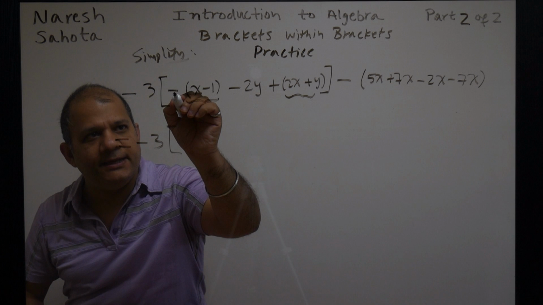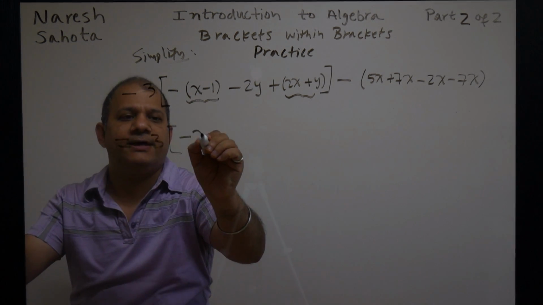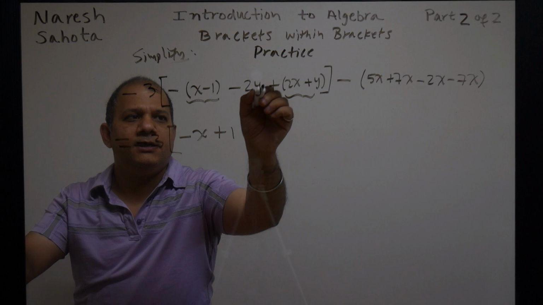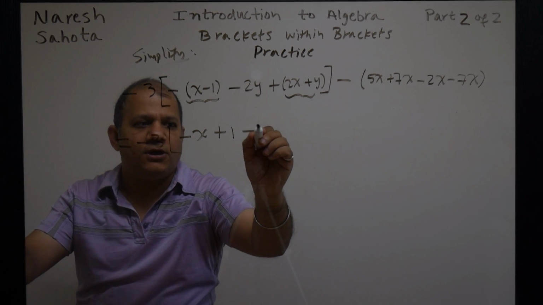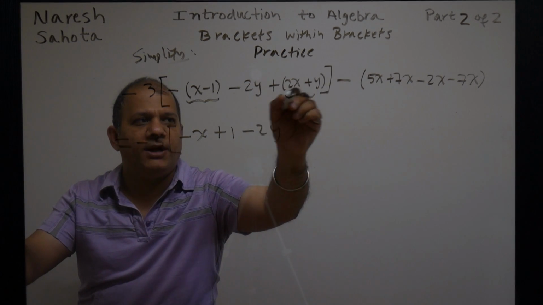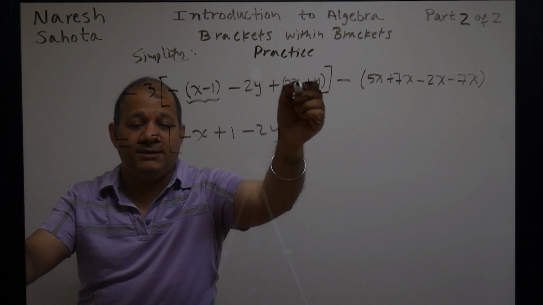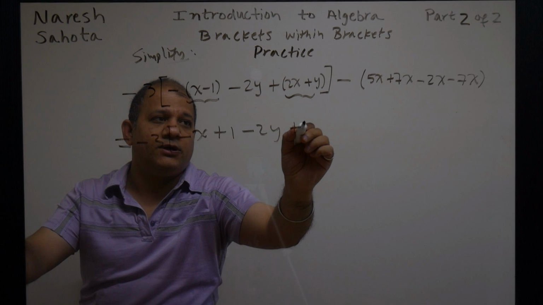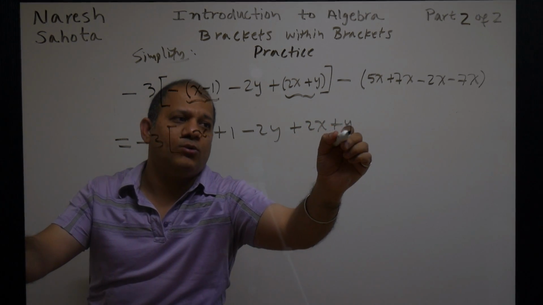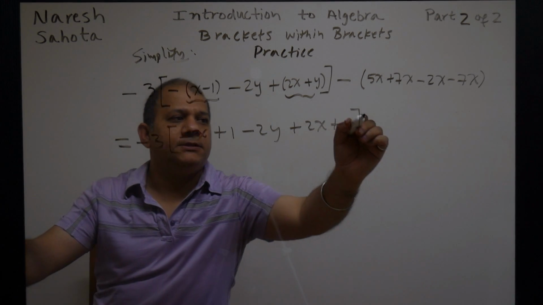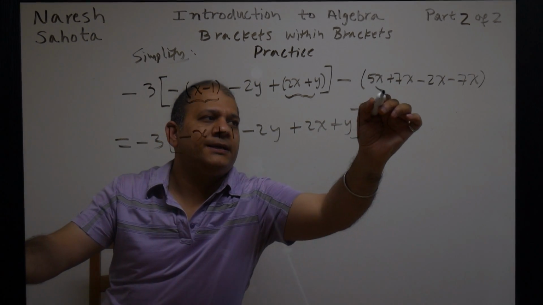Alright, so -1 times x is -x, -1 times -1 is +1, minus 2y gets copied, and remove brackets here, factor of 1, nothing really changes, 1 times anything is anything, so we copy 2x plus y, close your square bracket, minus, and now collect like terms.